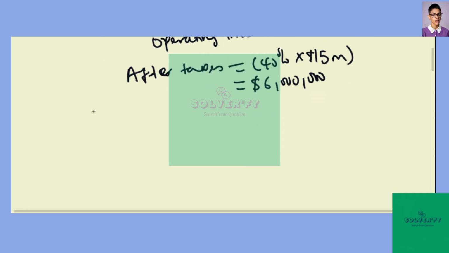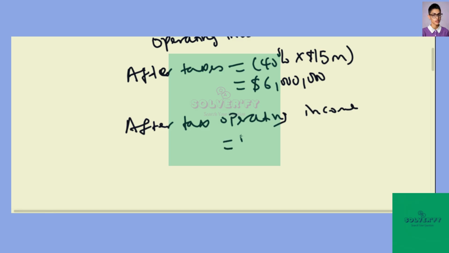So the after-tax operating income would be the operating income of 15 million minus the tax of 6 million. So the after-tax operating income would be $9 million.